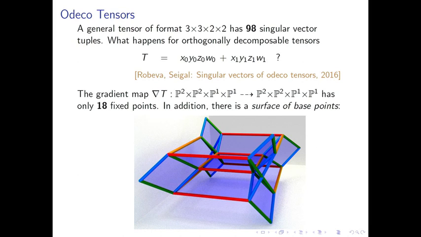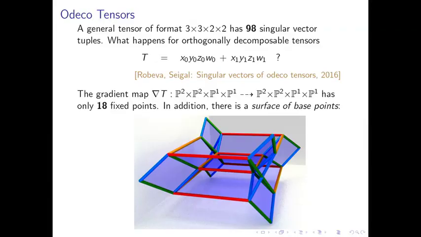The second P2 is green. It has 3 homogeneous coordinates y0, y1, y2. The first P1 is red. It has 2 red homogeneous coordinates, z0 and z1. And lastly, the last P1 is yellow. It has 2 yellow homogeneous coordinates, w0, w1.